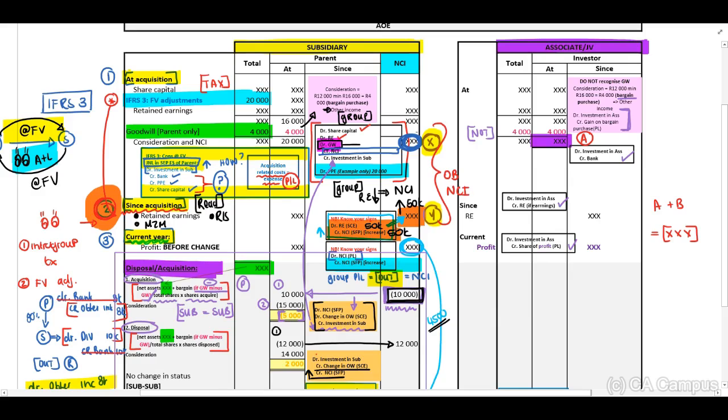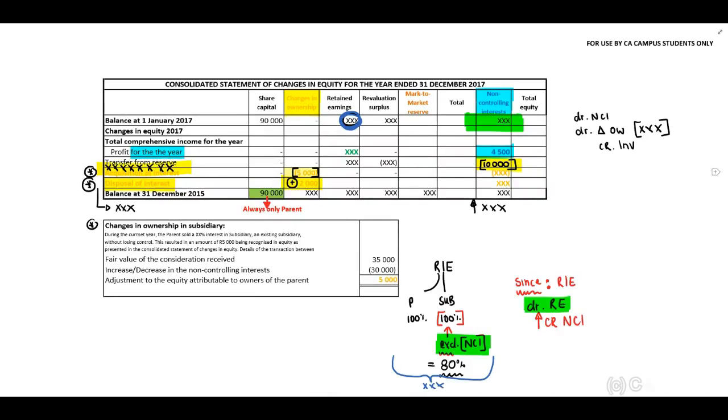So this will be the total of our opening balance. Therefore, let's say, for example, this is 25,000. This 25,000, guys, this yellow and red, X plus Y, will be the opening balance in our statement of changes in equity, this 25,000. So this is important to ensure that you understand this.